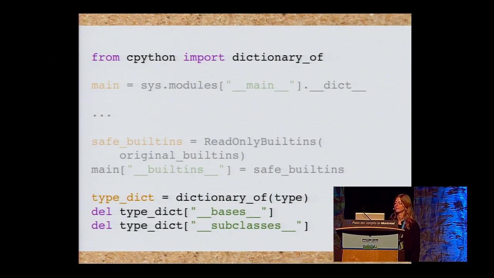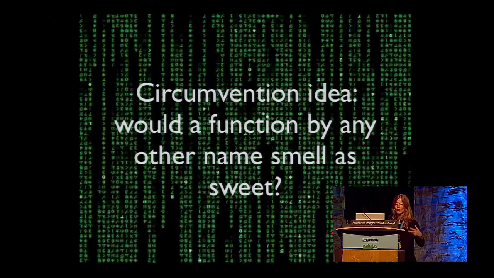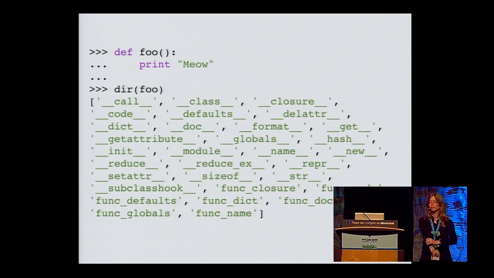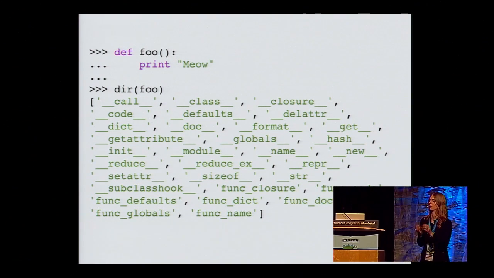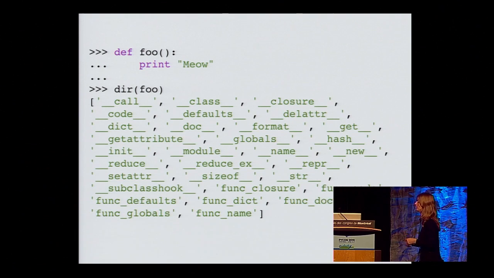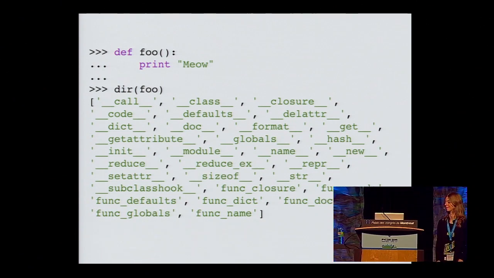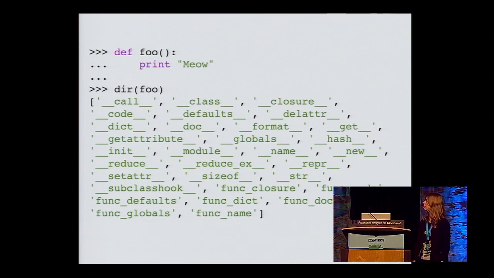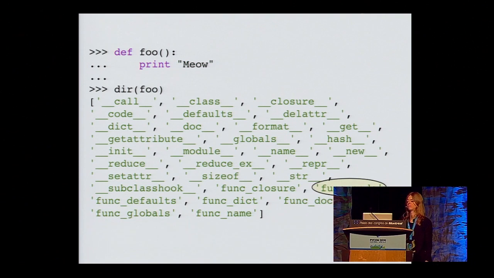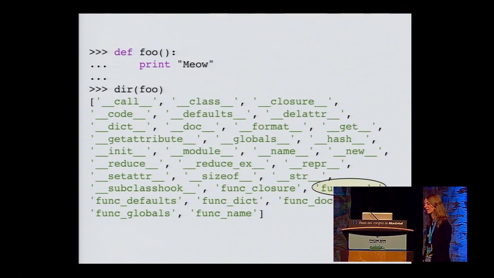OK, well, let's go back to playing around here. Let's say it was fruitful for us to look at some of these random double underscore attributes on list. Why don't we write a function and see if there's anything interesting in the dir output there? OK, so we've got hash, we've got name, we've got new. func_code.